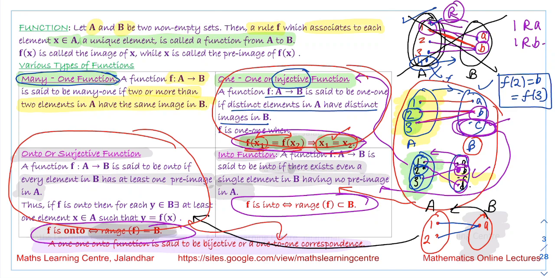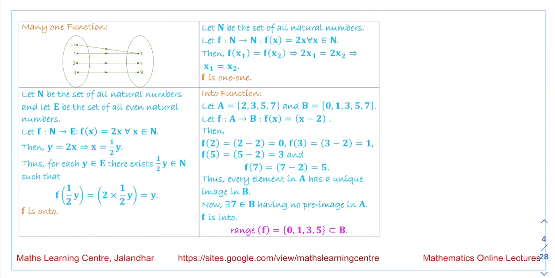Next we have the many-one function. This example is given over here. Why is it many-one? Because the image of this element -1 is 1, and the image of this element 1 is also 1. So there are two elements in A which have the same image in B. Or you can look at this condition as: if we look at the pre-images of 1, there are two pre-images of 1.